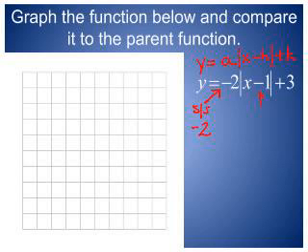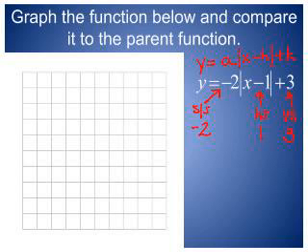The horizontal shift is your H. So that's going to be the opposite of what it appears, so that's going to be a +1. And then your K is going to be your vertical shift, and in this case, it's 3.